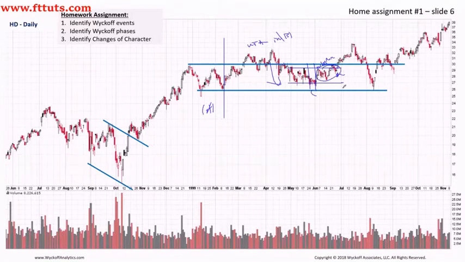So there's an entry somewhere here. The exit out of this position could be here or on the failure of the support right here. So you probably would be ending up with just a small win, small win, break even, small loss. And that would be your trade number one.